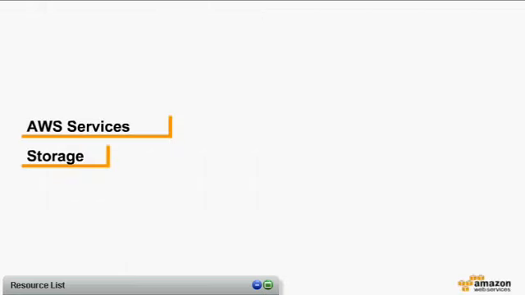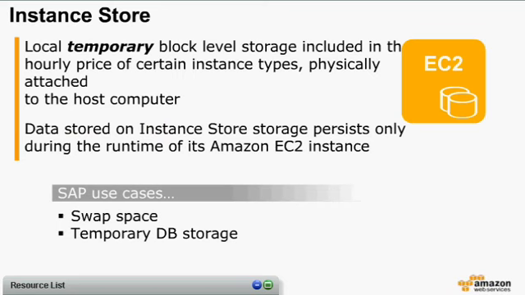Let's talk a little bit about storage options on the AWS platform. Local to each virtual machine that you're running, so there's obviously physical hardware where this virtual machine is running, there is storage provided on that local physical host, and we call this instance storage. Now, this instance storage is actually temporary in nature because if you were to shut down the virtual machine and start it back up, there's a very good possibility you're going to end up on a different physical host.